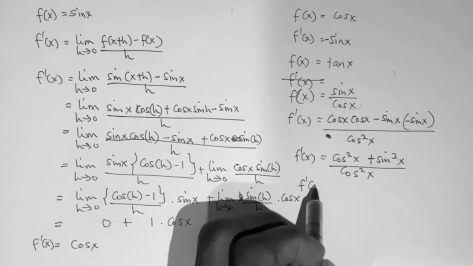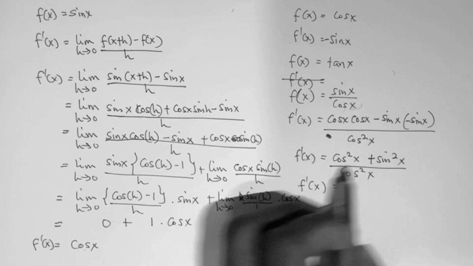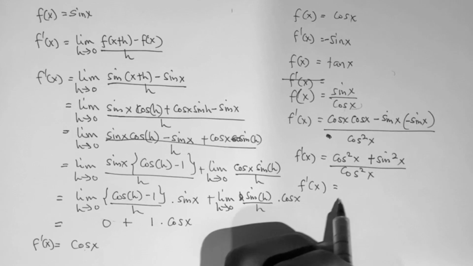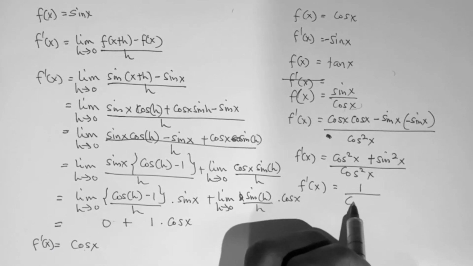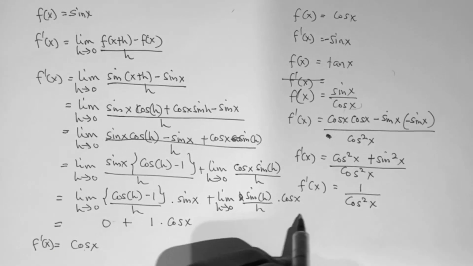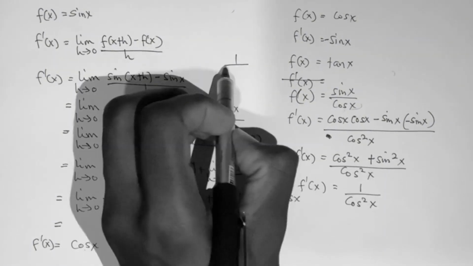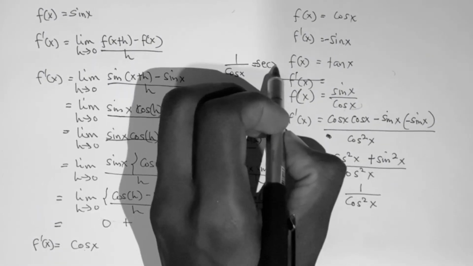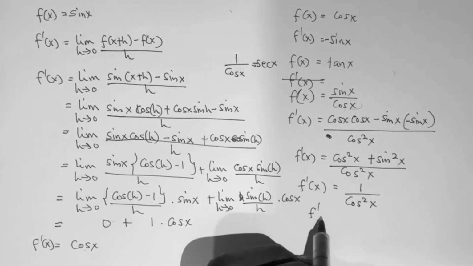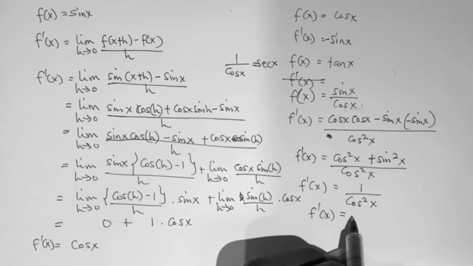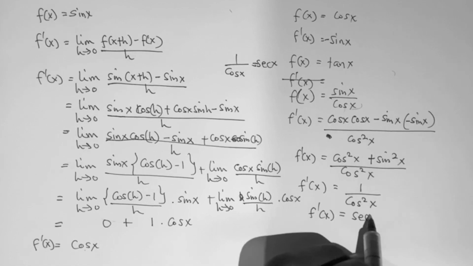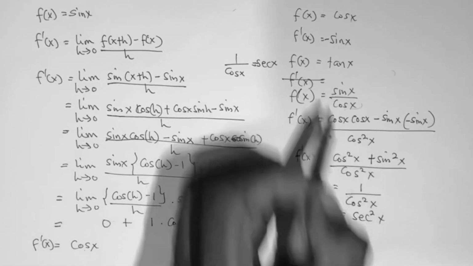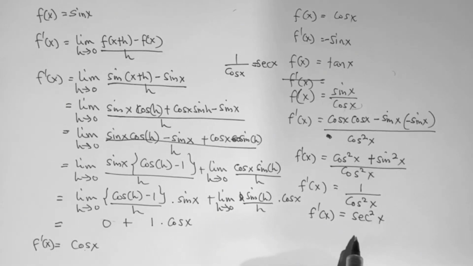So f prime of x is equal to, remember the identity, cos squared x plus sine squared x is equal to 1. So it becomes 1 divided by cos squared x. Now 1 over cos x is equal to sec x. So 1 over cos squared x is equal to sec squared x. And therefore, if you differentiate tan x, you are going to get sec squared x.